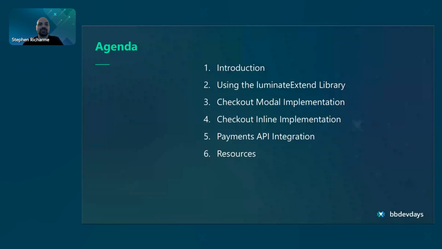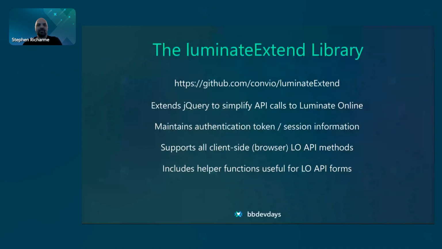So first off, I'm going to do a quick talk about the Luminate Extend library. The Luminate Extend library is a small library that we have set up available on GitHub as an extension of jQuery to help simplify API calls to the Luminate Online environment.